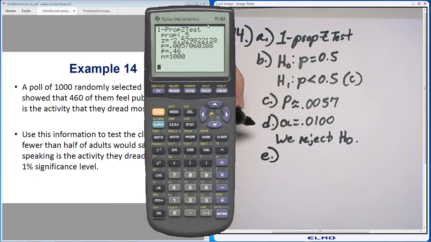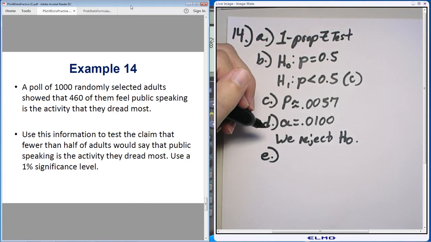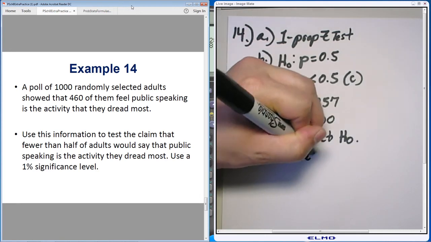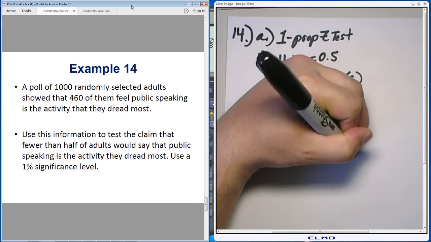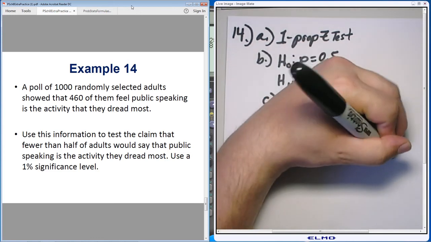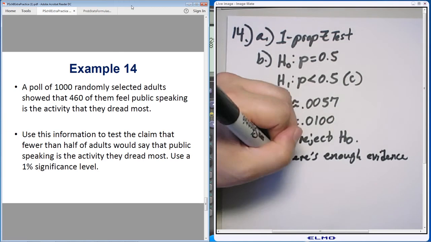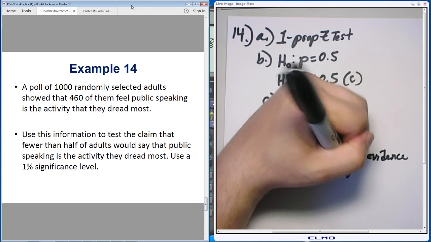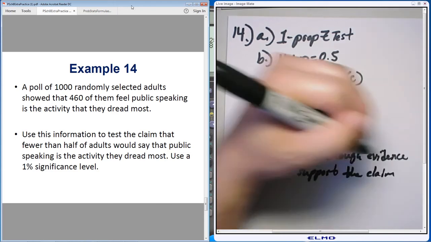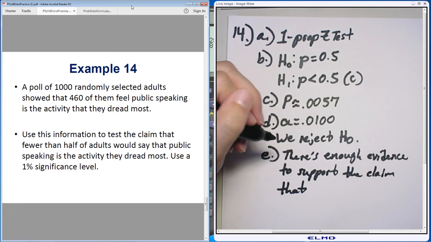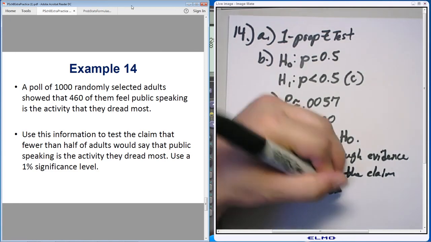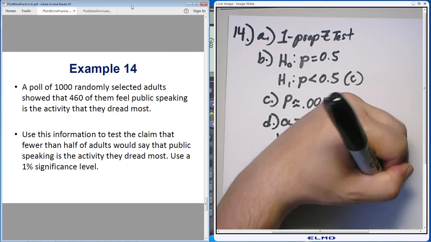For the interpretation, there's enough evidence, or there's sufficient evidence, to support the claim that fewer than half.